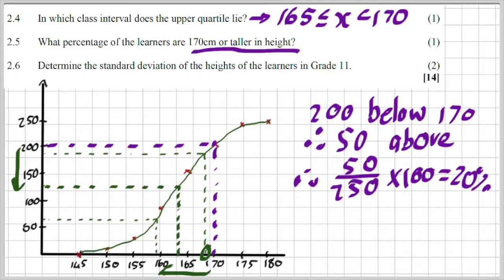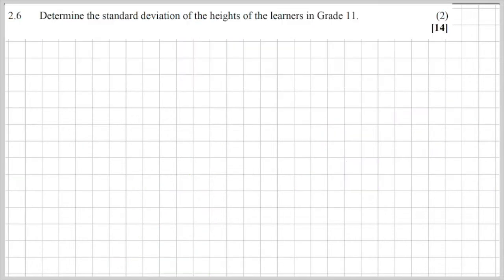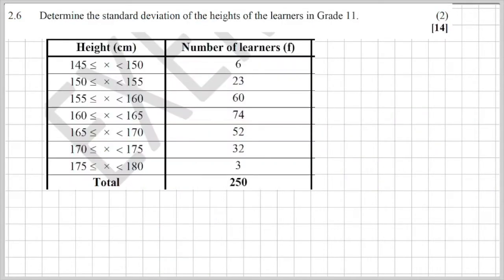Now the next question 2.6, for me is a bit of a doozy for 2 marks. So wanting to do standard deviation, I must look back to my frequency table. And for me to get the standard deviation and use my calculator, I can't use intervals. I've got to get actual values.